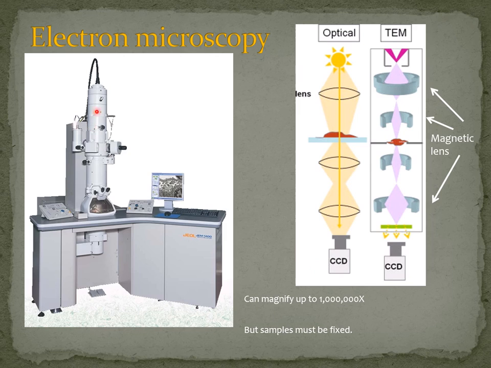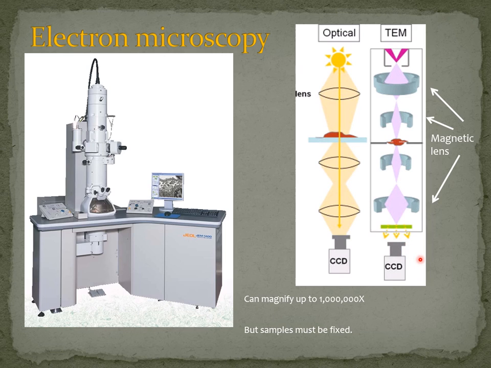An electron microscope, instead of having a light source, has an electron beam that will send the electrons through our sample. Instead of lenses made of glass, we have magnetic lenses that will focus the beam on the sample, and then the beam will be detected by a sensor, a camera, a fluorescent plate, but never with our own eyes.